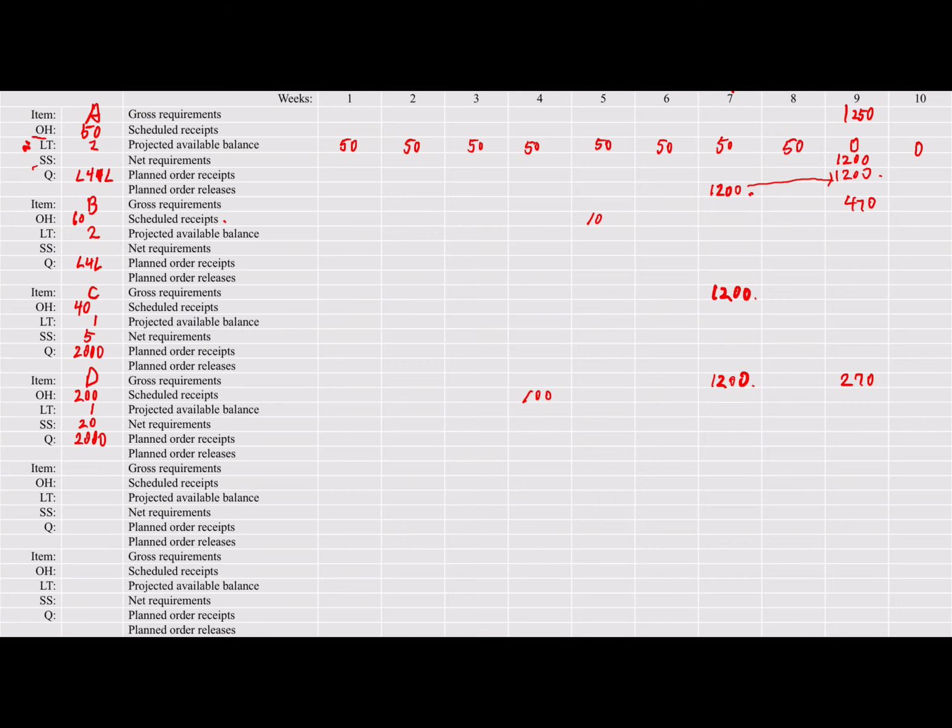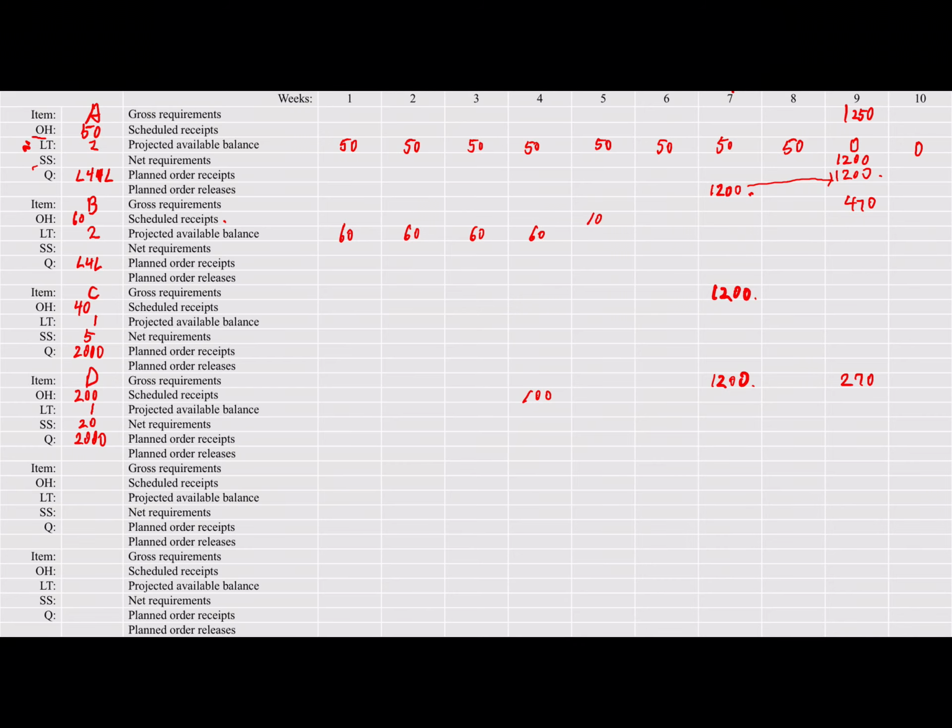So what happens with B is that the on hand is 60, right? At week 1, there's no requirement, so the projected available balance for B will be 60. This will be 60, 60, 60 until week 5.